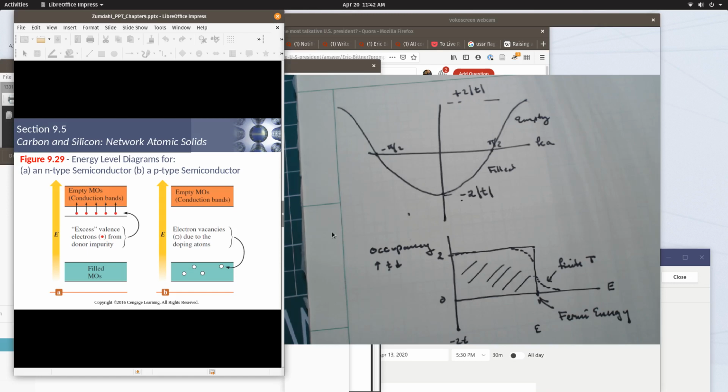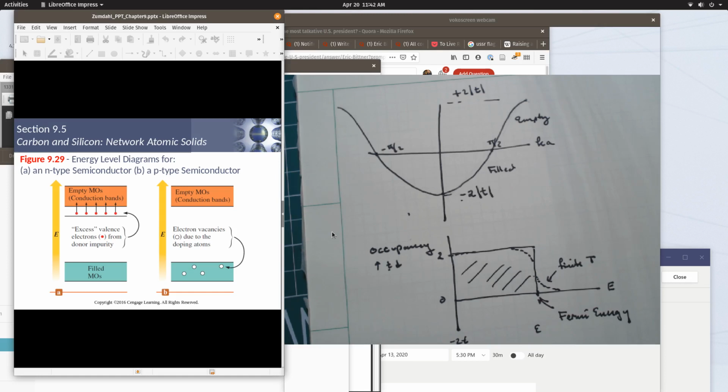Or you might deplete the filled molecular orbitals, again, to make things charge neutral. For example, if I put ions into the system, I might pull some electrons out of the filled orbitals, and I would have what are called holes, electron vacancies. And it's these excess electrons and holes that give rise to N-type or P-type semiconductors.